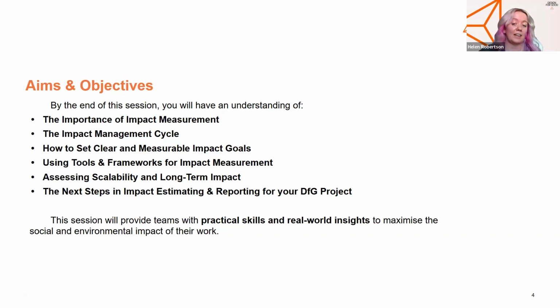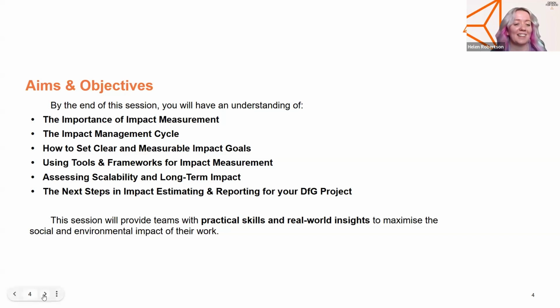And finally, we'll define the next steps for impact reporting, introducing the Design for Good standard impact reporting template. This will help ensure consistent data collection across projects and guide you in planning, estimating, and tracking your project's impact. So the session is designed to equip you with the practical skills and real-world insights to maximize the social and environmental impact of your DFG projects.